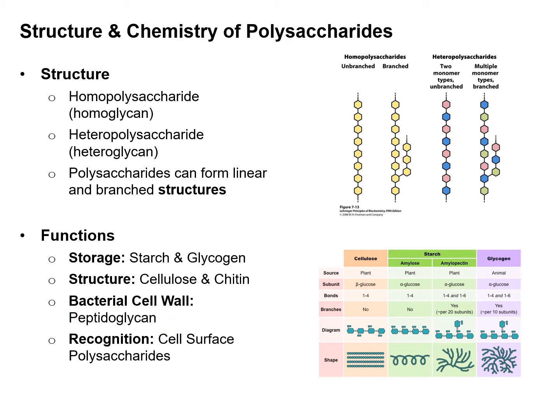And lastly, they also play a role in recognition: the cell surface polysaccharides and some decoration of those sugars on the proteins are involved in cell recognition or cell signaling pathways to control the cell functions as well as in their weight control.